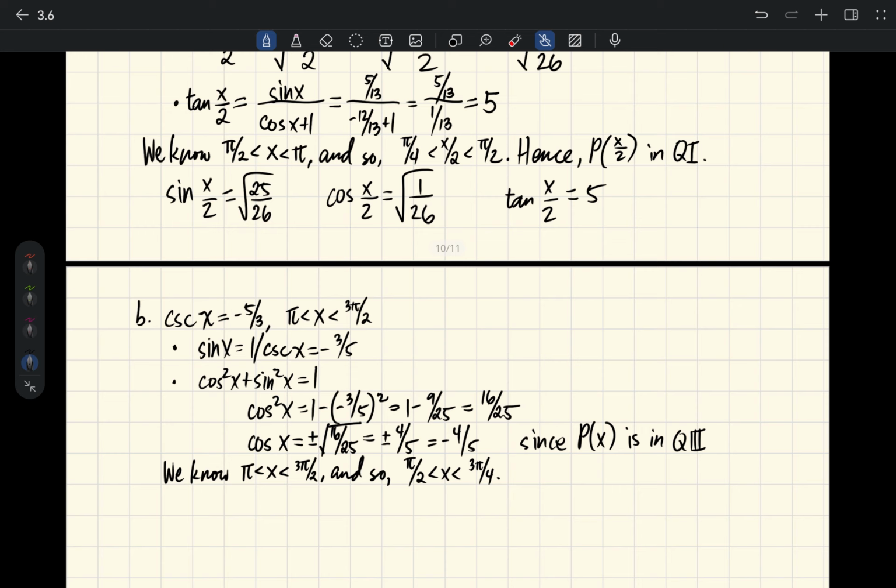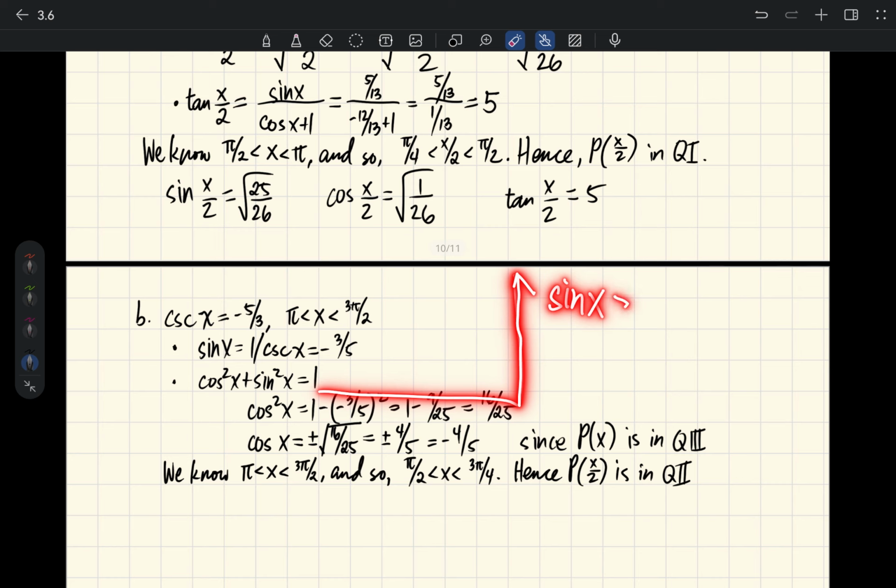So that means P of x over 2 is in quadrant 2. And what do we know in quadrant 2? In quadrant 2, the y coordinates are positive. So that means sine is greater than 0, while the x coordinates are negative. So cosine is less than 0.